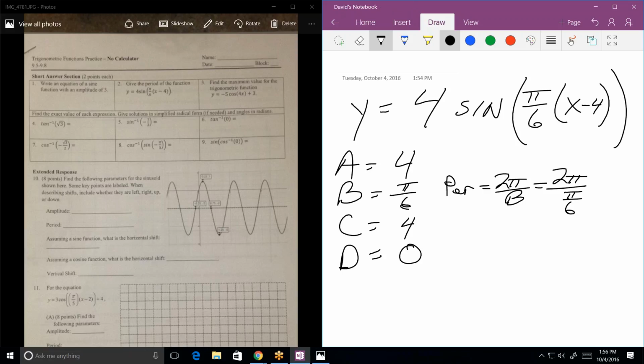What's that give you? When you divide by a fraction, you flip and multiply. 12. Yeah. So that's the period. Well, that's pretty easy. That's all they asked for. Give the period. They didn't want us to graph it. So the period is 12.